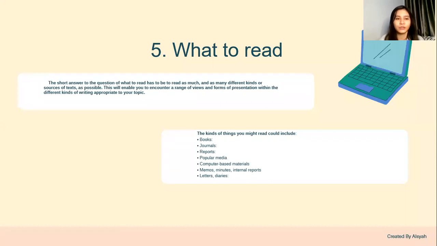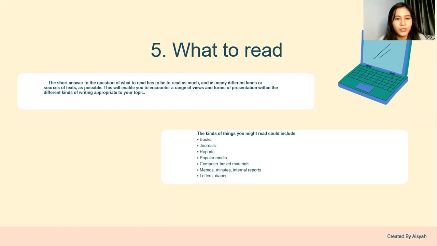5. What to read? The short answer to the question of what to read has to be to read as much and as many different kinds or sorts of text as possible.